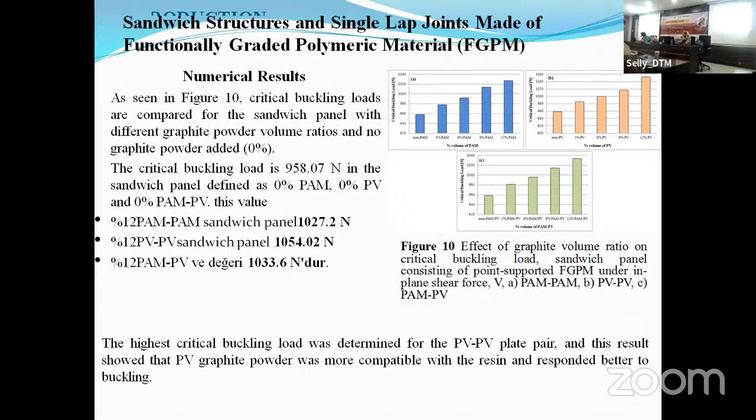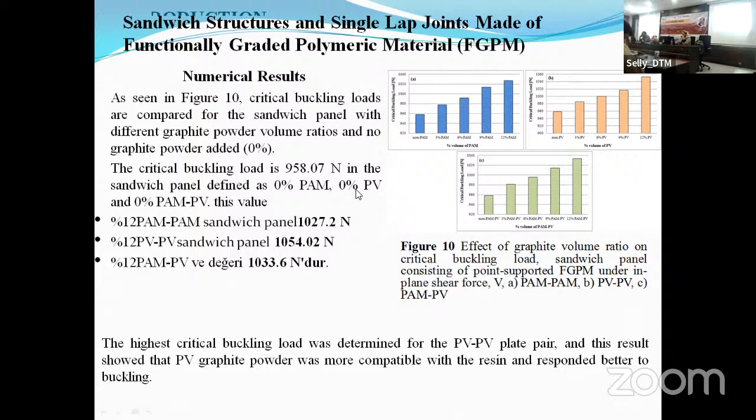Mode 1 is the critical buckling load. You can see it for PAM and PV. For PAM, what does it mean? PAM means both adherents made of PAM, and PV means both adherents made of PV. And the third one is one of PV and one of PAM. Both of them are also functionally graded polymeric materials.